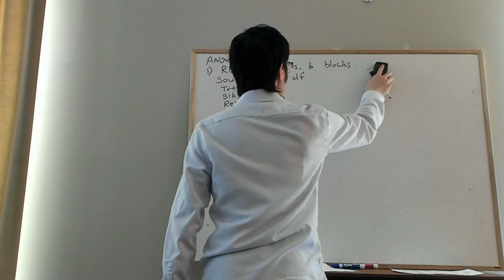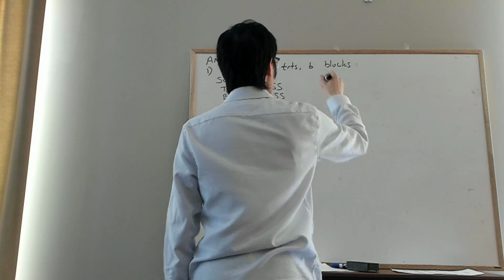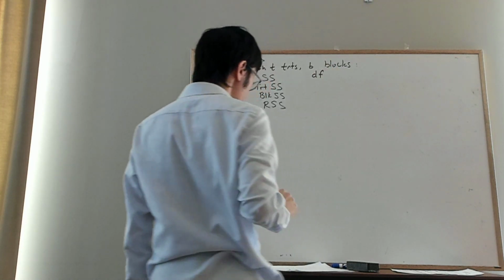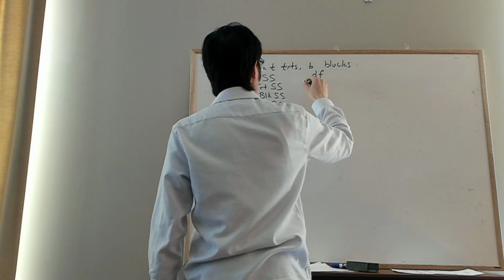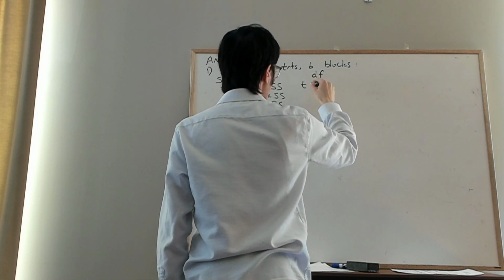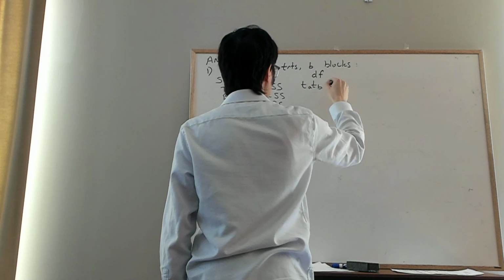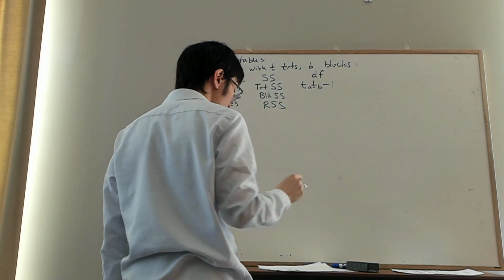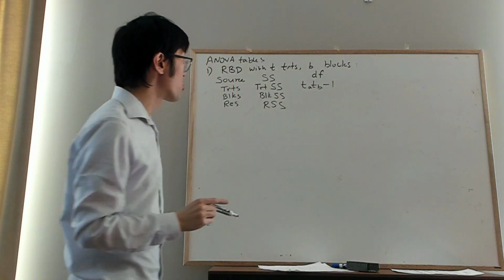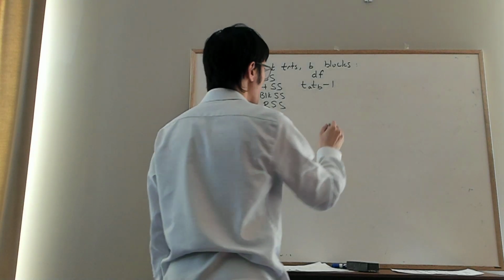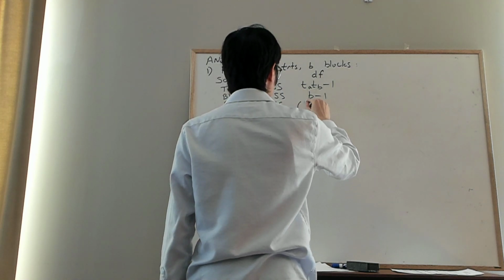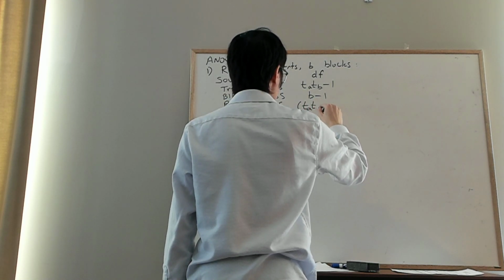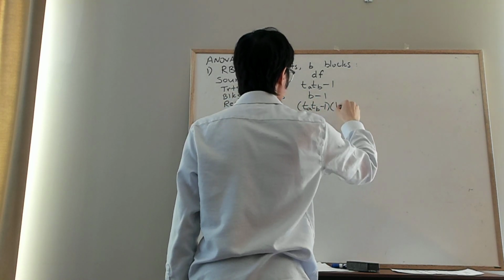For degrees of freedom, treatment is one less than the number of treatments, so either T minus 1 or, in our current notation, TA times TB minus 1. Blocks have one constraint, so the degrees of freedom is one less than the number of blocks, B minus 1. And the residual, we already wrote before, is one less than the number of treatments times one less than the number of blocks.